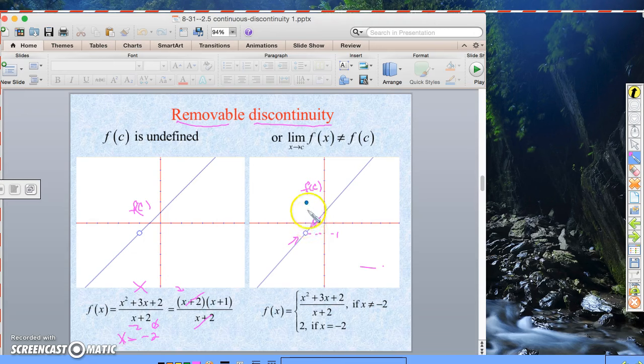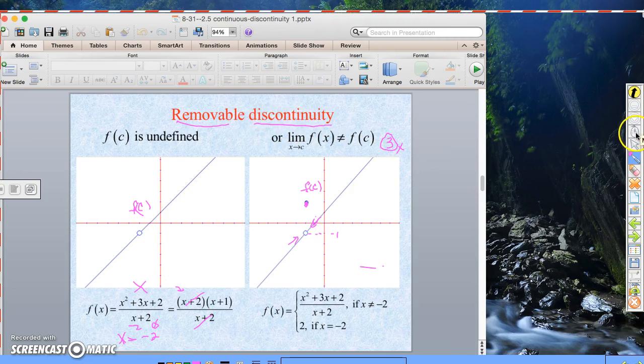When I plug in my constant here, I get this solid point. And this doesn't fill the little gap. Again, the limit does not equal the actual value. So you can see here, in this case, that condition 3 fails. And therefore this is also discontinuous. And these types of discontinuity, when there's a little tiny hole, are called removable discontinuity.